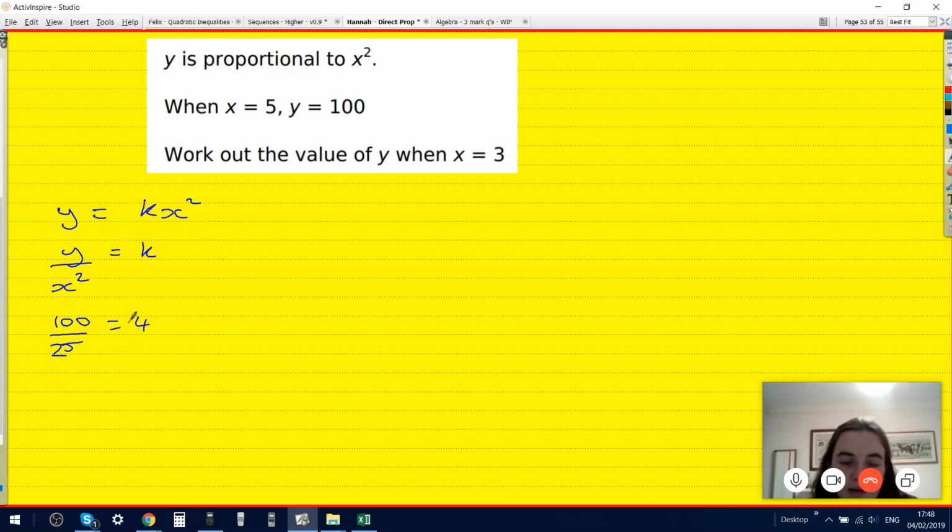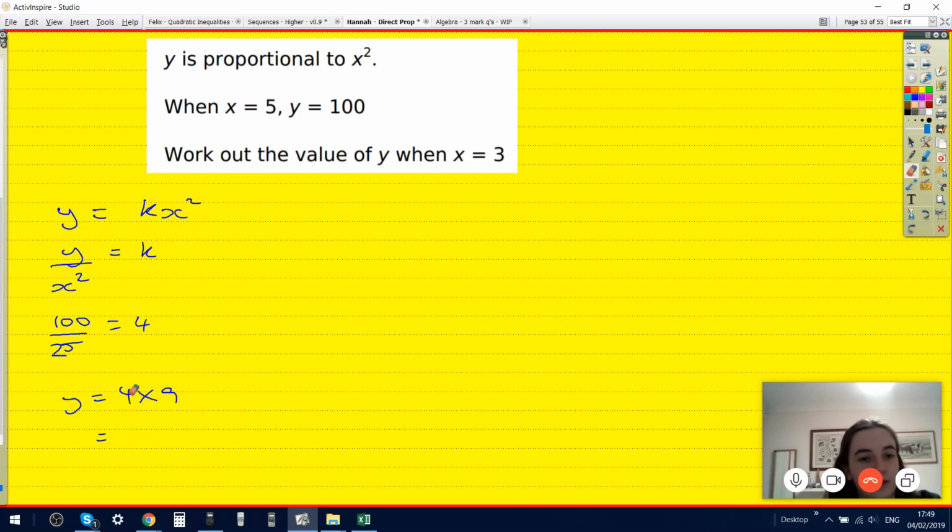Then y equals 4 times 9, which is 45. X was 3, wasn't it? Oh yeah.